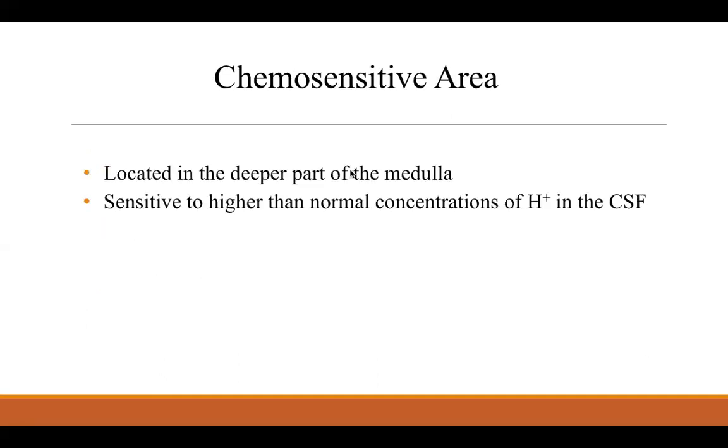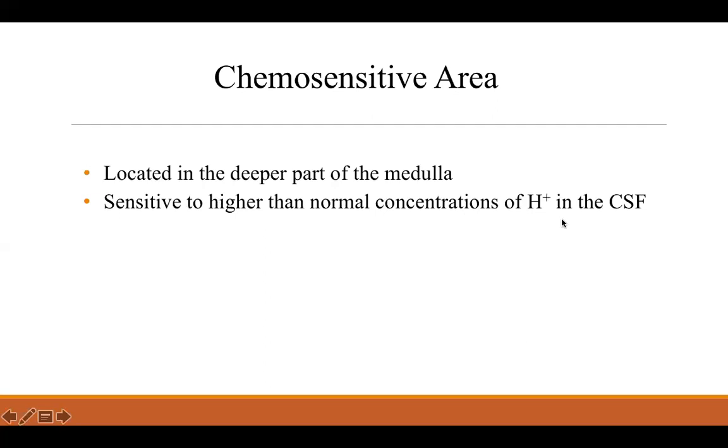All right, chemosensitive area. Well, again, the area within the brain that is sensitive to levels of CO2 and hydrogen ion is one particular area, again in the brainstem, very close to the medullary breathing centers. All right. So now what do they do?